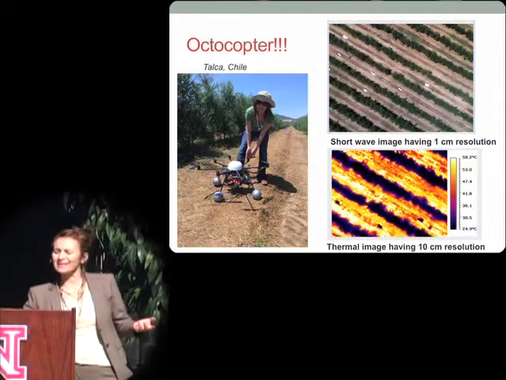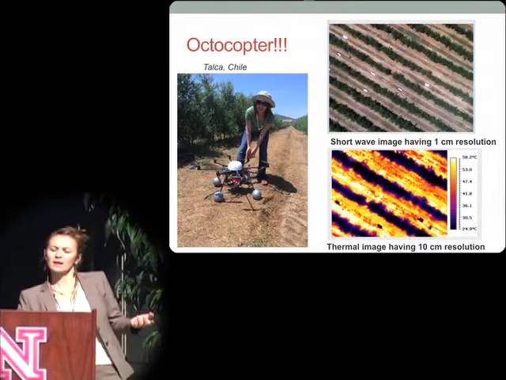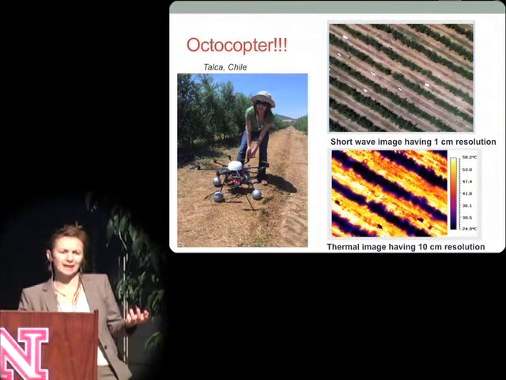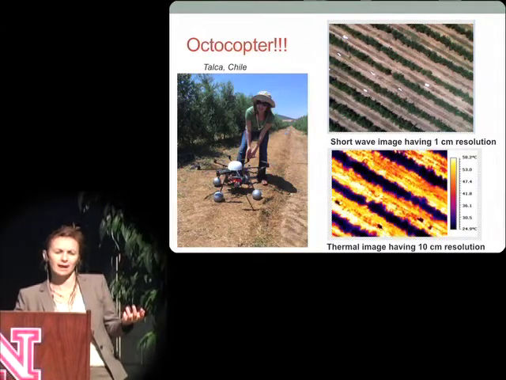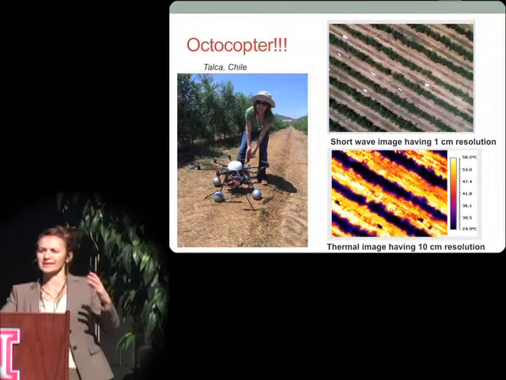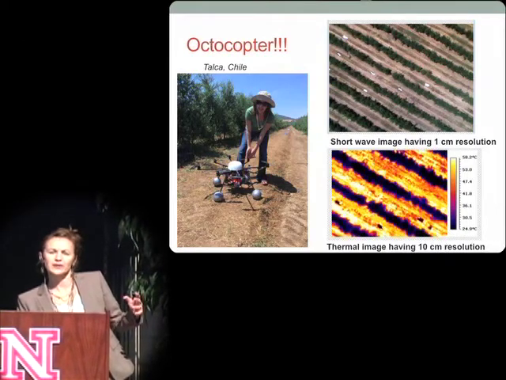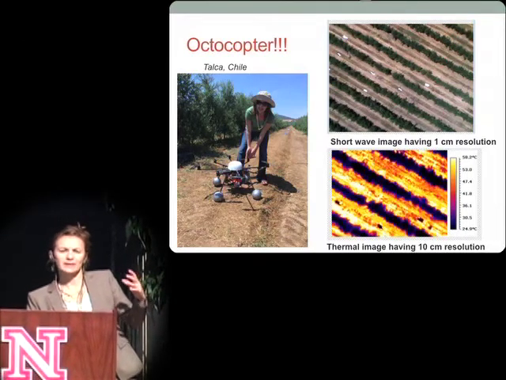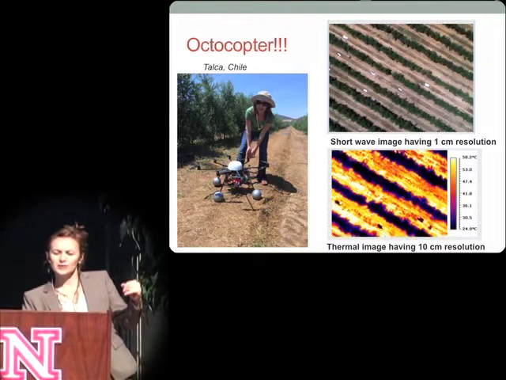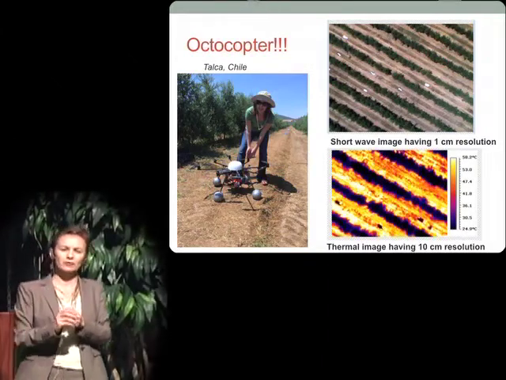So, we have this 30-meter Landsat, but we don't know what is going on inside it. So this data really helped us to visualize, to understand the behavior of this system, what is going on here in terms of the land surface, the canopy structure. So it really helps us to fine-tune the METRIC model.